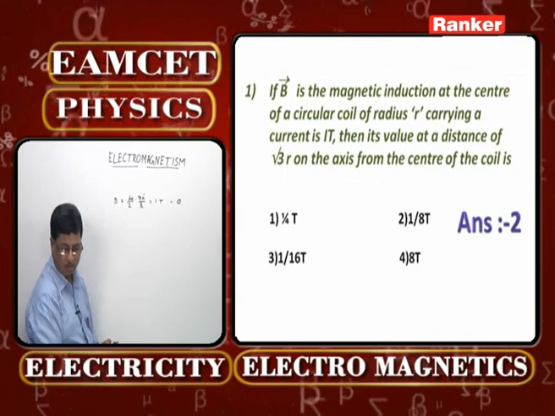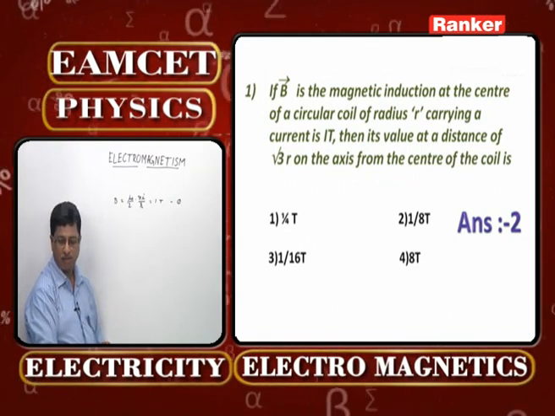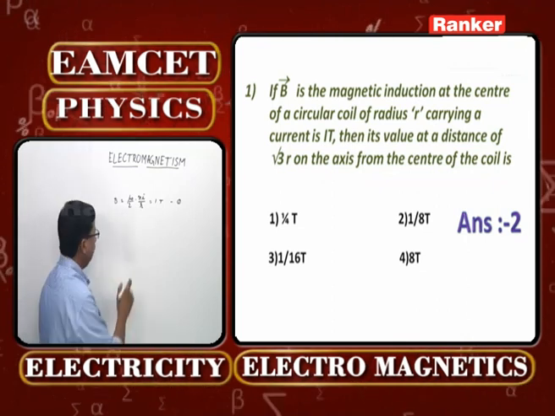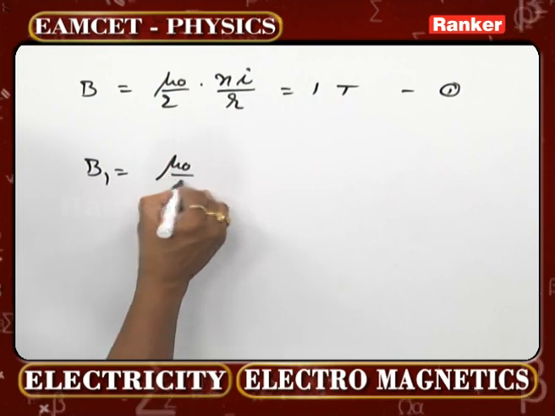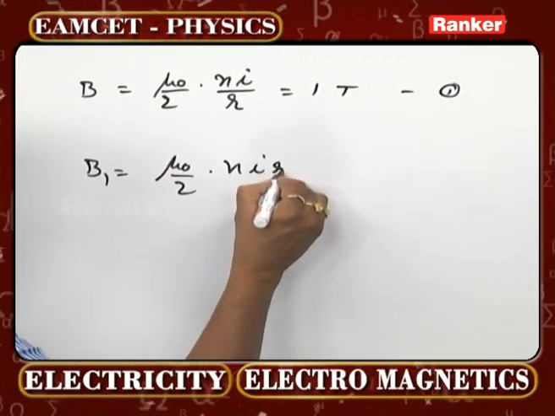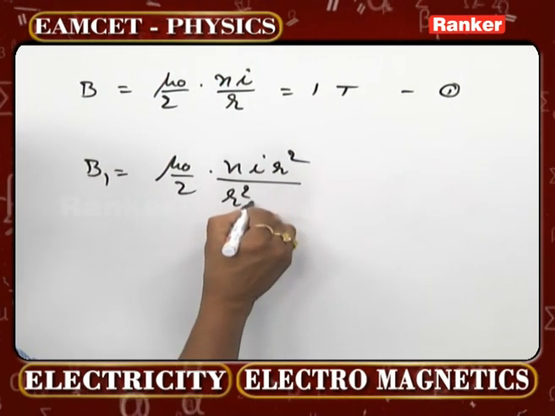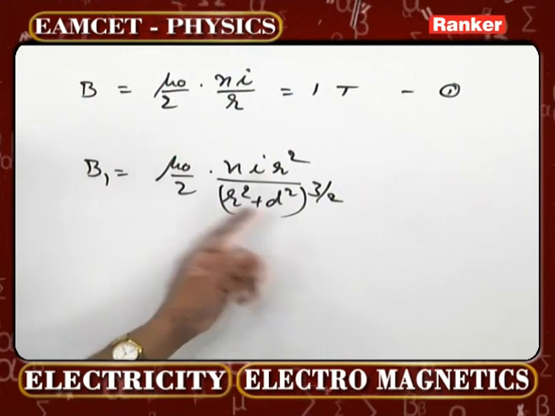What is the magnetic induction at a distance of root 3 r on the axis from the center of the coil? So I write this as B1 equals mu naught by 2 into Ni r square by (r square plus d square) whole power 3 by 2. This is the formula.